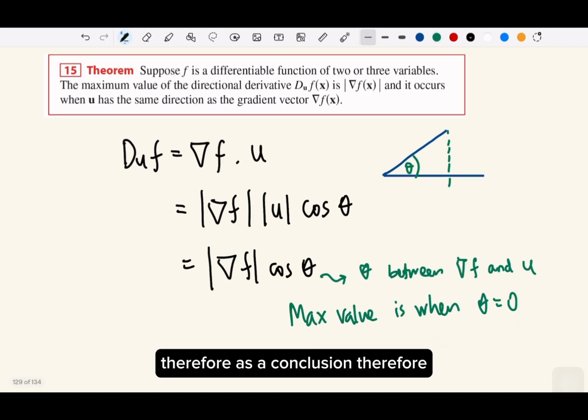Therefore, as a conclusion, when theta is 0, basically it has the same direction as this one.